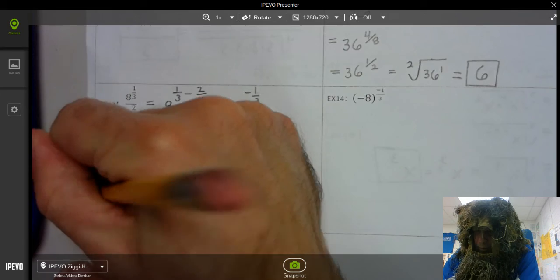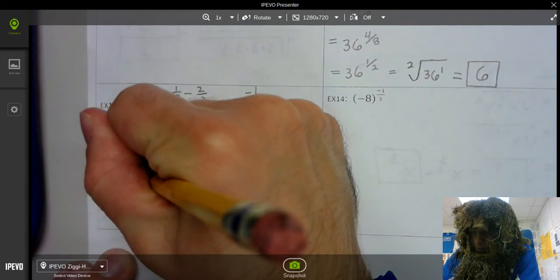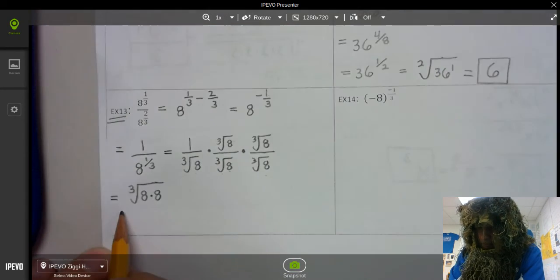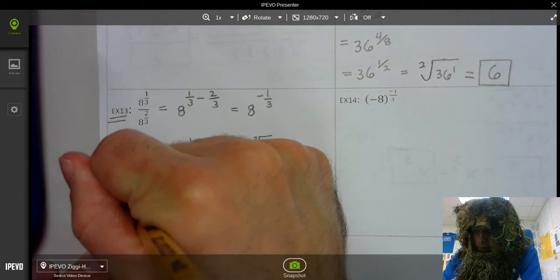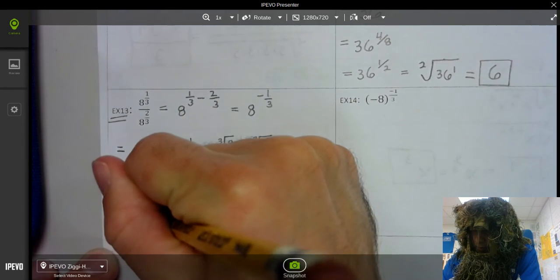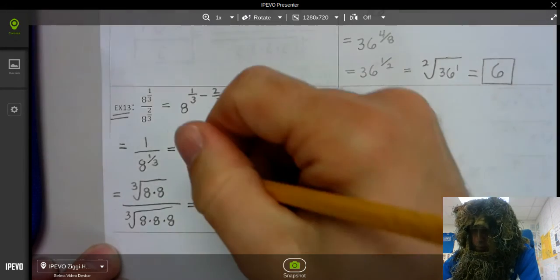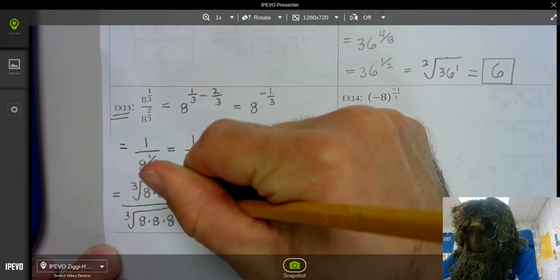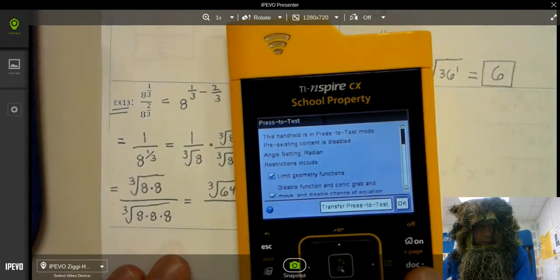So this becomes equal to the cube root of 8 times 8 divided by the cube root of 8 times 8 times 8. So this becomes the cube root of 64 divided by, and I'll use a calculator here.